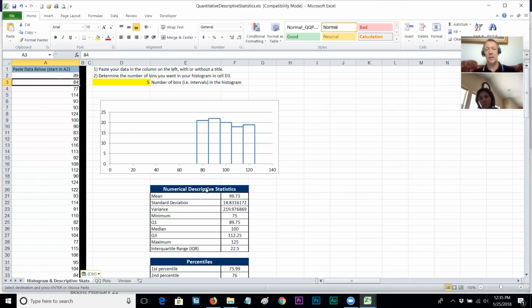If I did it for all 900, it should still look like a rectangle, because these are just random numbers, evenly distributed between 75 and 125. So this distribution is not normal. Would you agree? Not normal, not a bell curve.